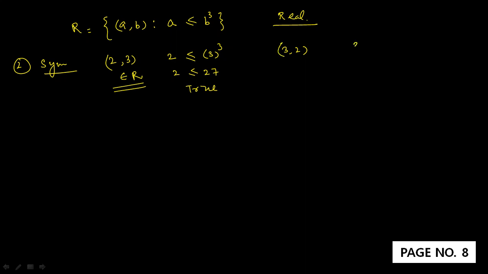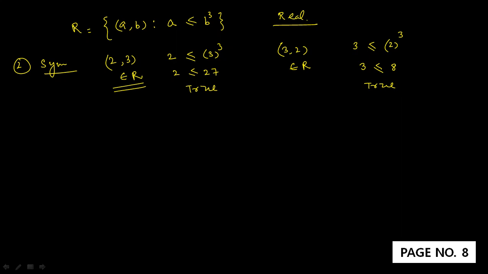If I am writing 3 less than equal to 2 cube, you can write 3 less than equal to 8. This one is again true. Now this one again belongs to R.